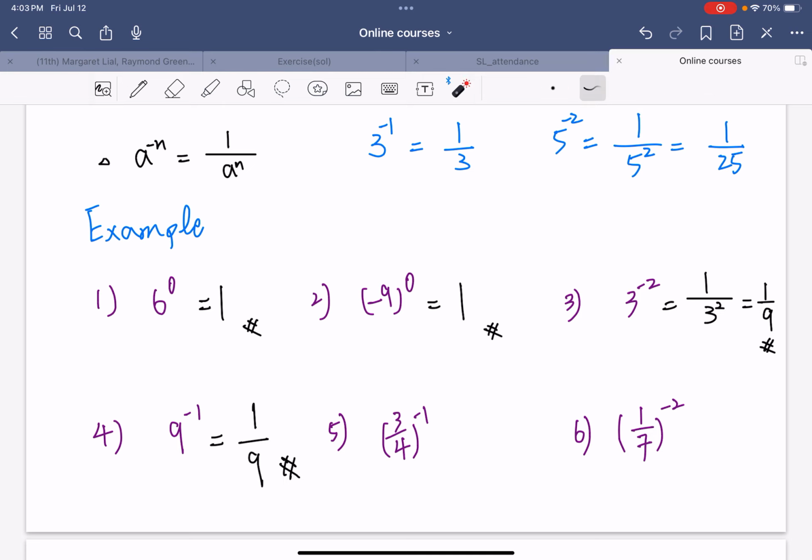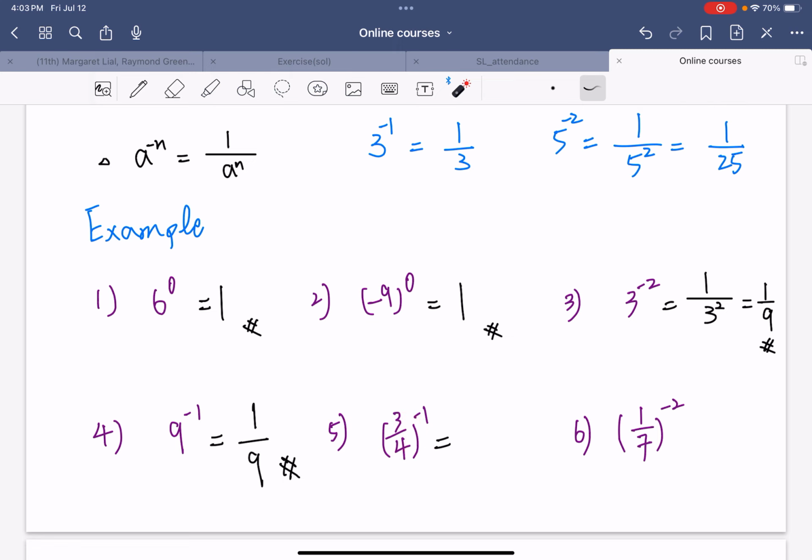Okay, and for this one, we also have a -1. What we're going to do for this one, we don't just put it in the denominator, because that would look really hard to understand, right? So if you have a rational number inside here, you should just exchange the numerator and the denominator.